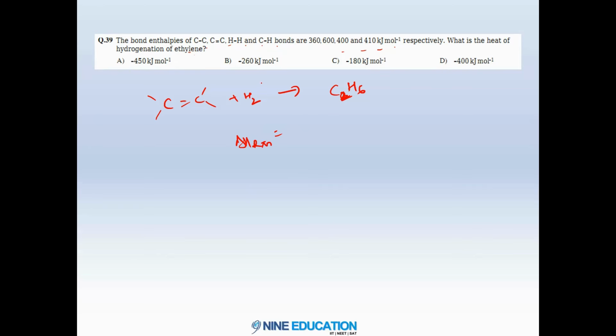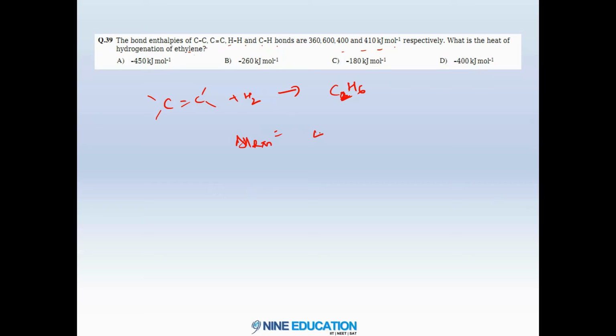So in this case, you want to write in terms of bond dissociation enthalpy. Every time, remember, the enthalpy is bond dissociation of reactants minus products. So how many bonds are there in this particular case?